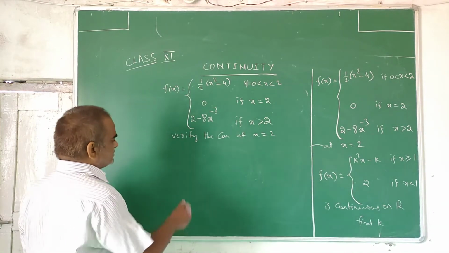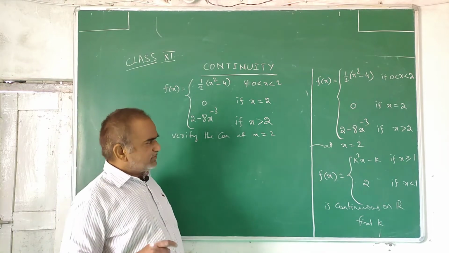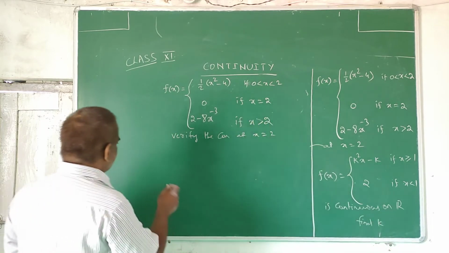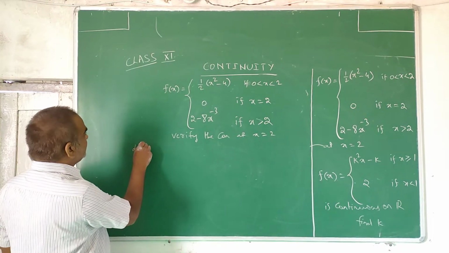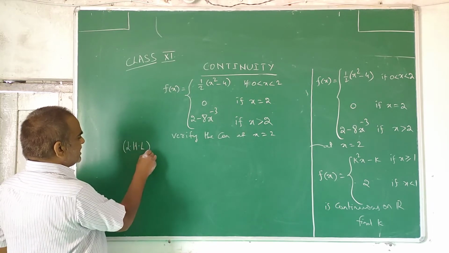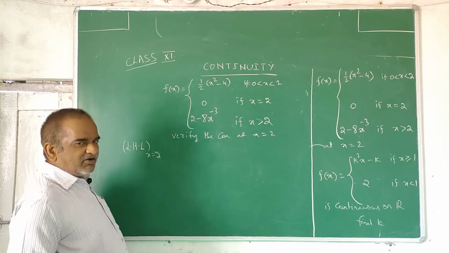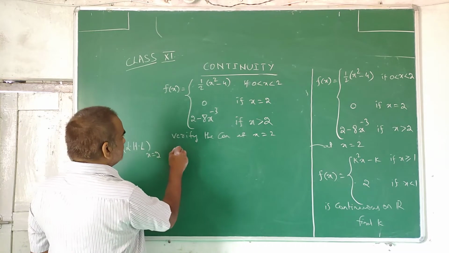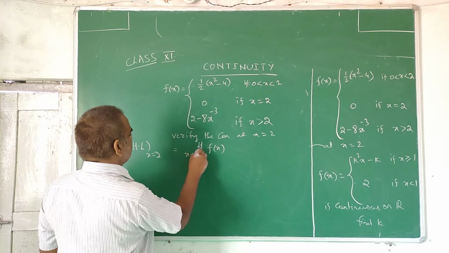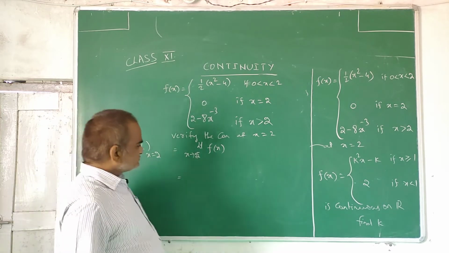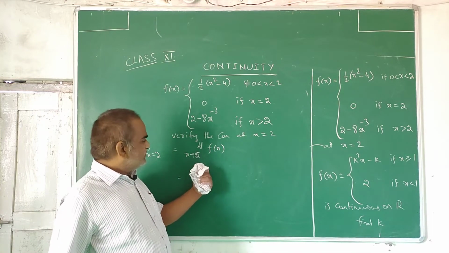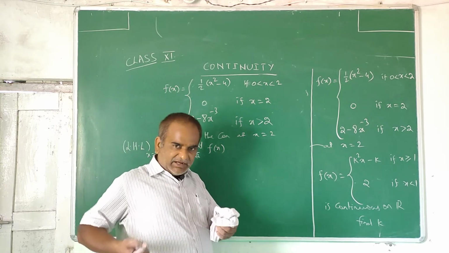First and foremost, what you have to do here is find the limit of f of x as x tends to 2. First I am going to find the left hand limit at x is equal to 2. It is the limit of f of x as x tends to 2 minus. 2 minus means something less than 2.